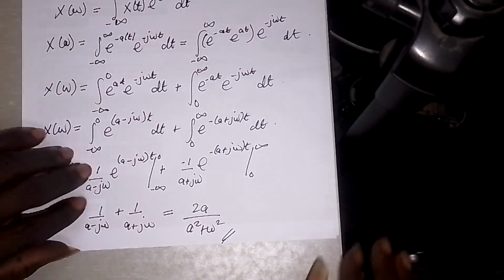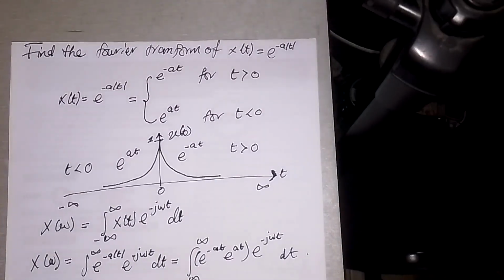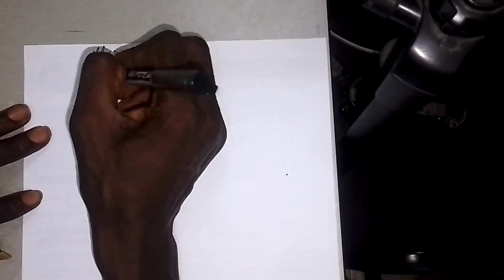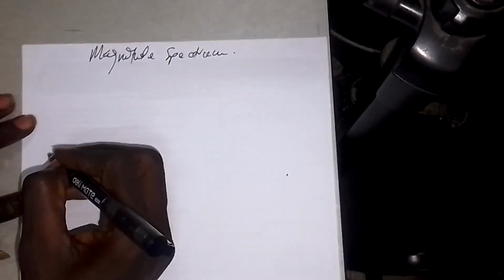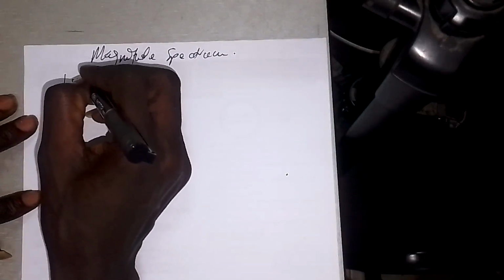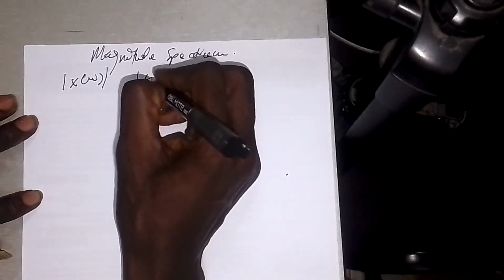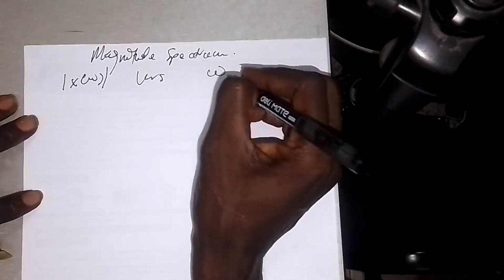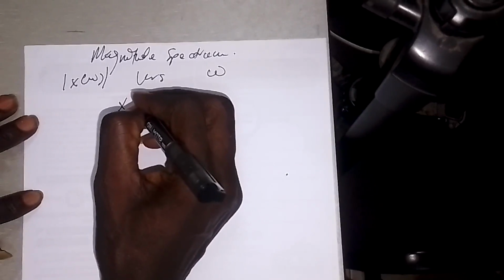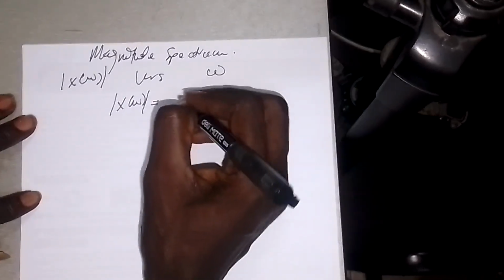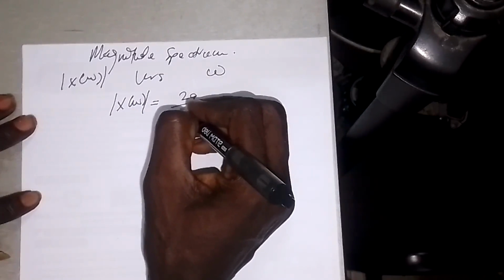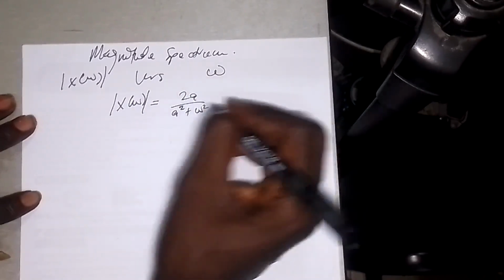Now, when you have been able to derive the answer for this one, what you can do again is to draw the magnitude spectrum, the modulus of X of omega versus omega. Here, modulus of X of omega is equal to 2a over (a squared plus omega squared).